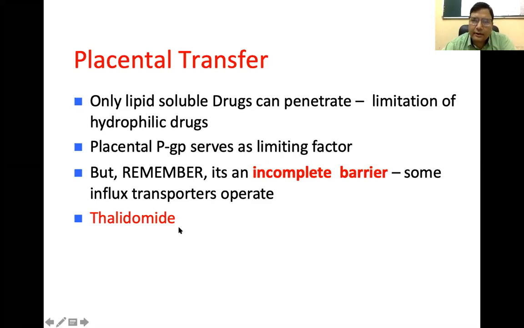You must have heard the name of thalidomide, which caused seal-like limbs in newborns. This thalidomide was taken by pregnant females for morning sickness, and this led to the disaster where the limbs of the newborns were fin-like, appearing as a seal.